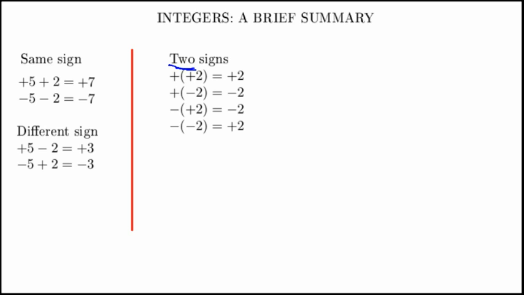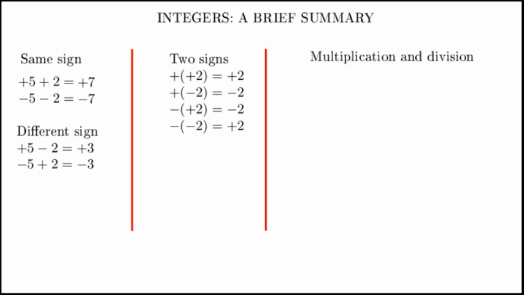So we have a case finally for multiplication and division, that the rule for signs is something you have to learn, because when you multiply you have to use it.